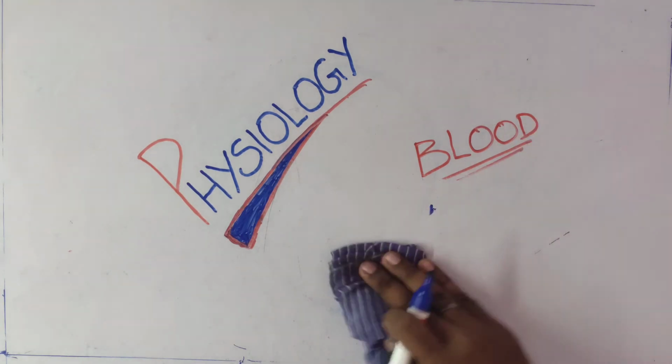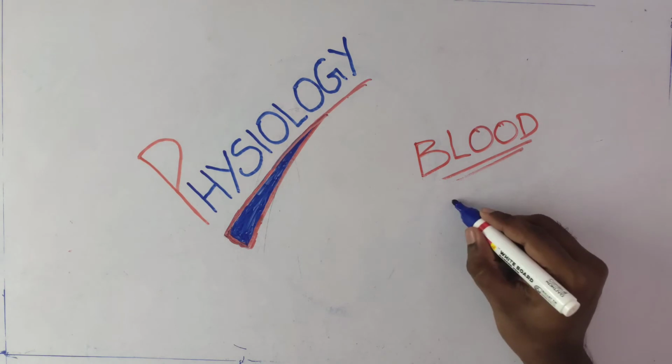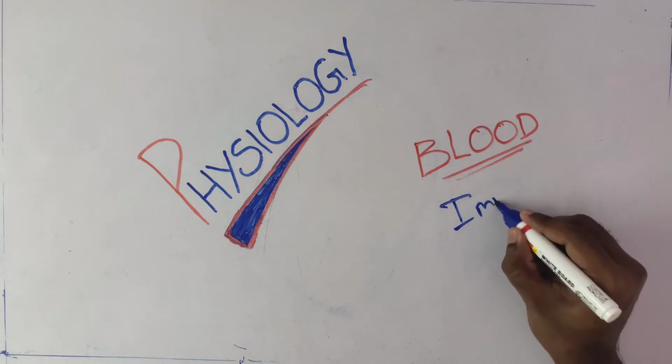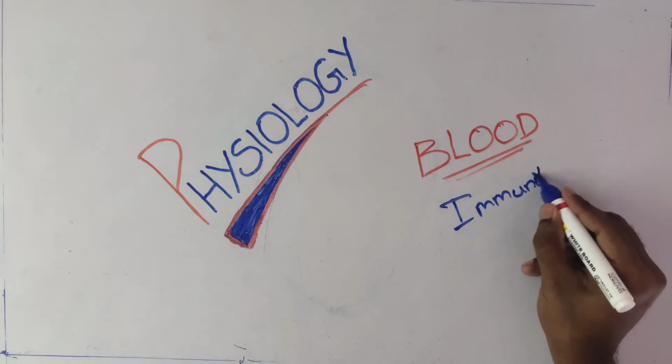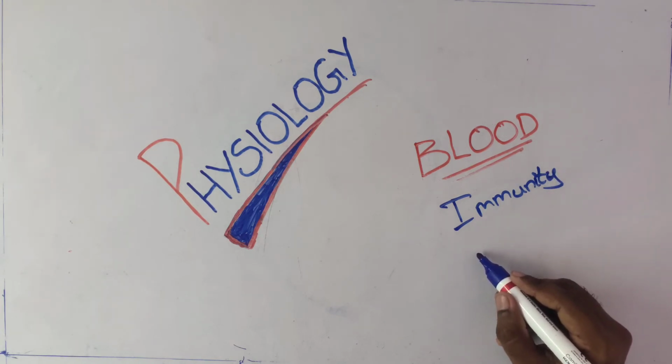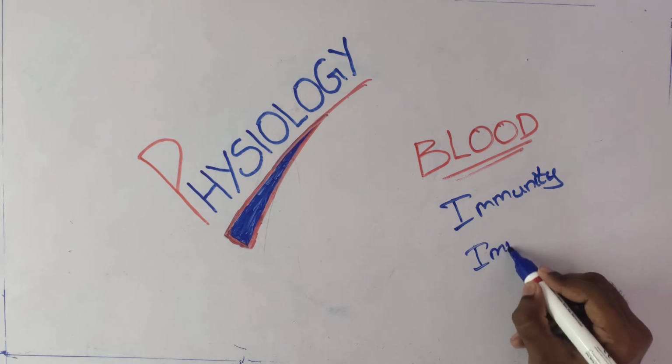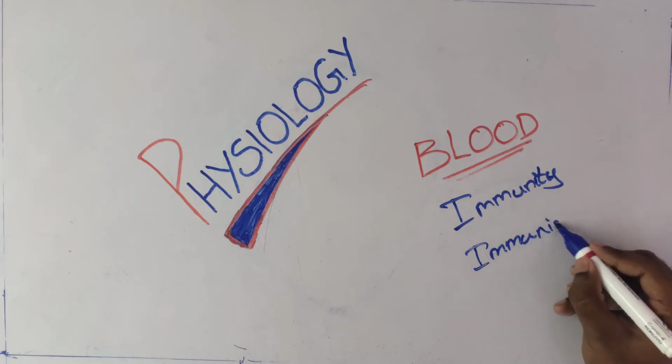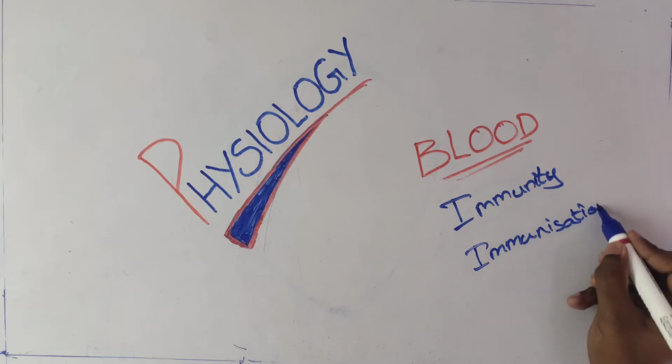Next, coming to the big chapter, immunity. This chapter is important mostly for 5 marks, and sometimes they will ask for 15 marks also. Immunity, immunization, as well as some concepts related to the immune system.